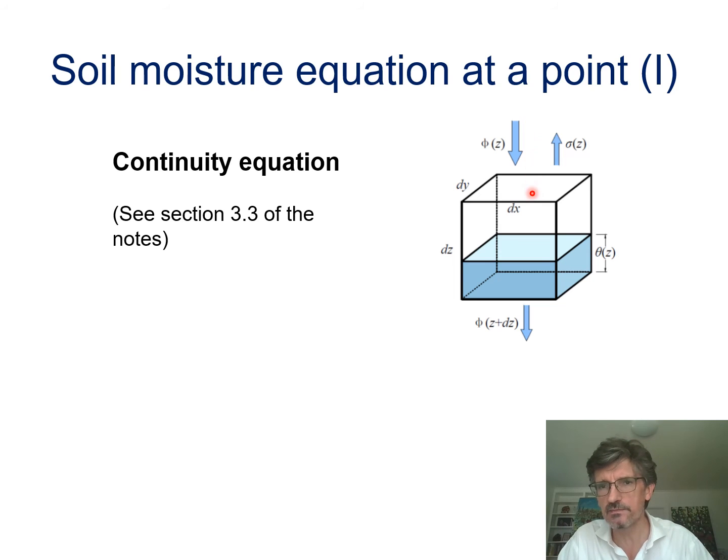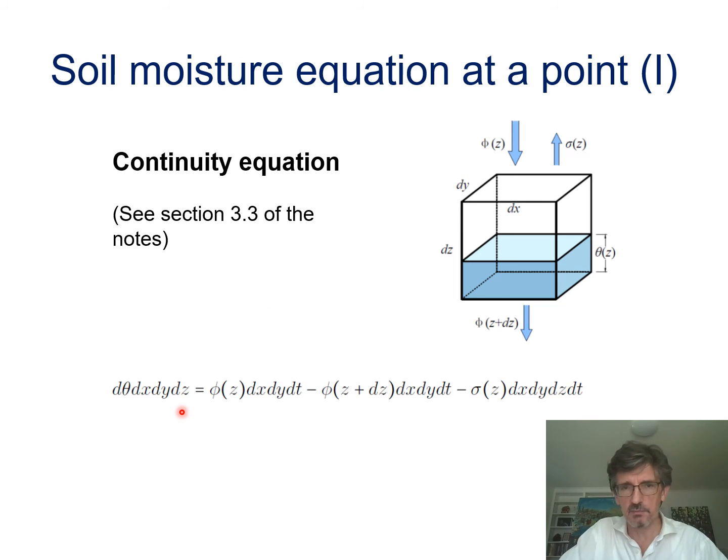We will have a flux phi at level Z and a flux phi at level Z plus dZ, which are different. And then there is a sigma here, which is a sink term. Imagine that there are roots of plants that actually suck the water away. We don't think that they're part of the soil, so we consider them as a sink term. Whereas the percolating or going upward flux, if you have a capillary rise type of flux in the soil, is a true flux, a transport term.